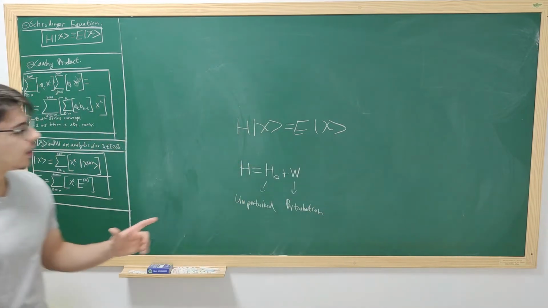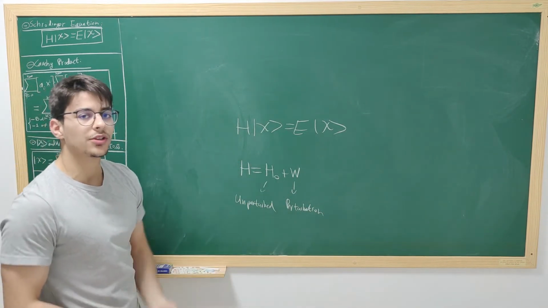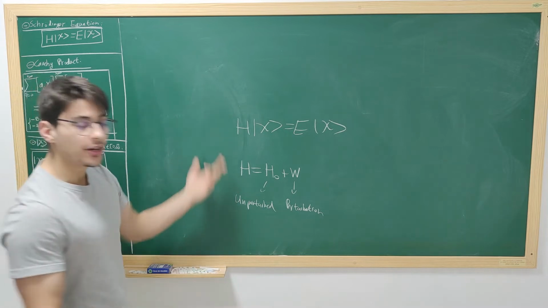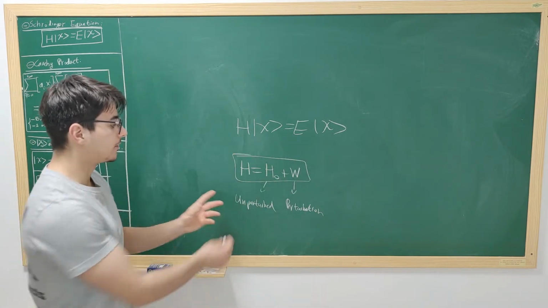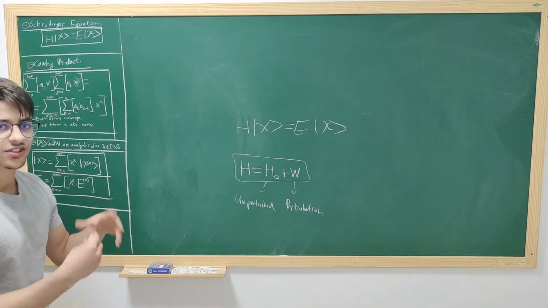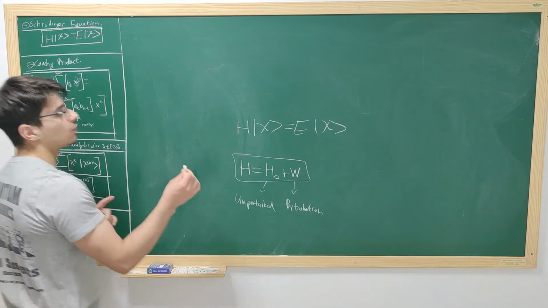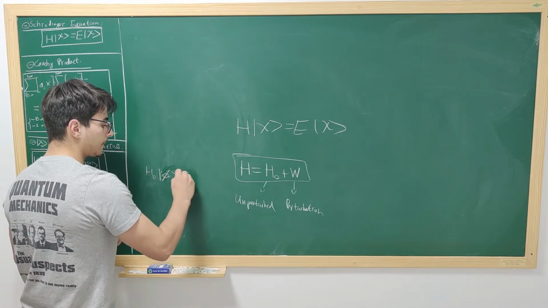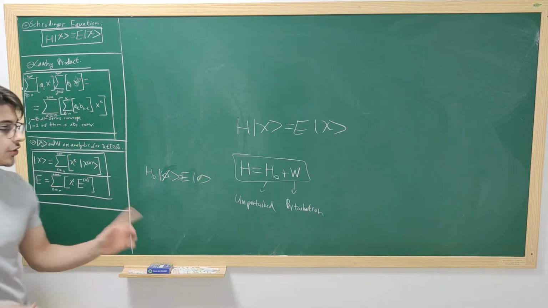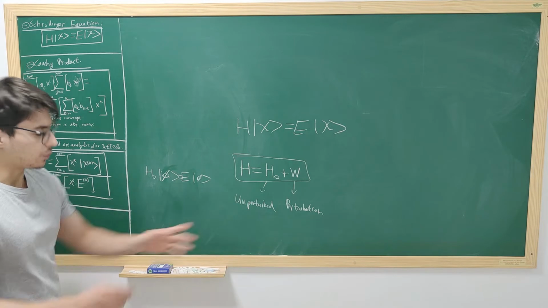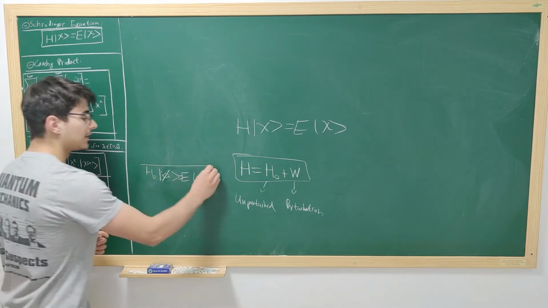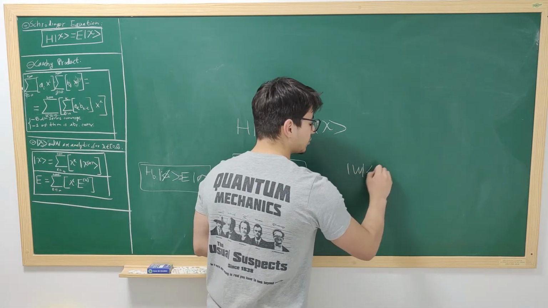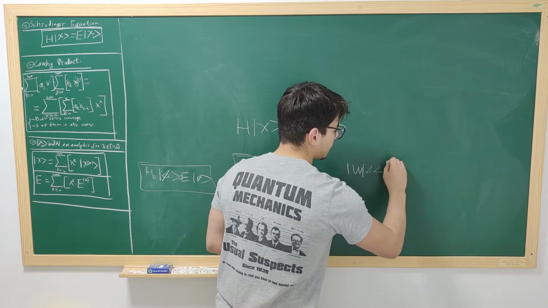In this case, we can solve it if this perturbation is really small and we know how to solve H0. That is, in principle, we cannot solve this problem with the full Hamiltonian, because it is too hard. But if we know the solution for H0, and we don't have to know it for W, just for H0, then we can solve the problem as long as W is a lot smaller than H0.